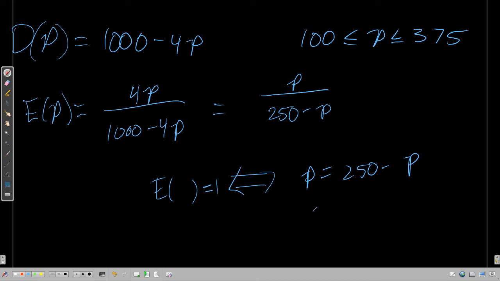So it looks like for P equal to 125 is where your revenue would get maximized. All right, and I think that's it.